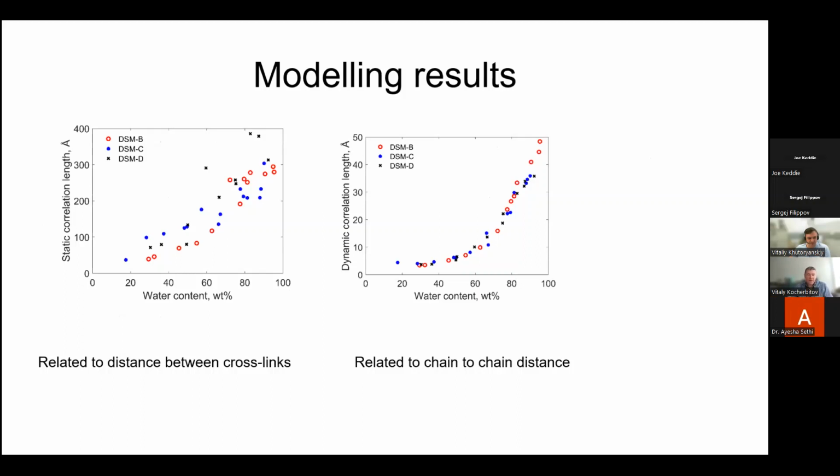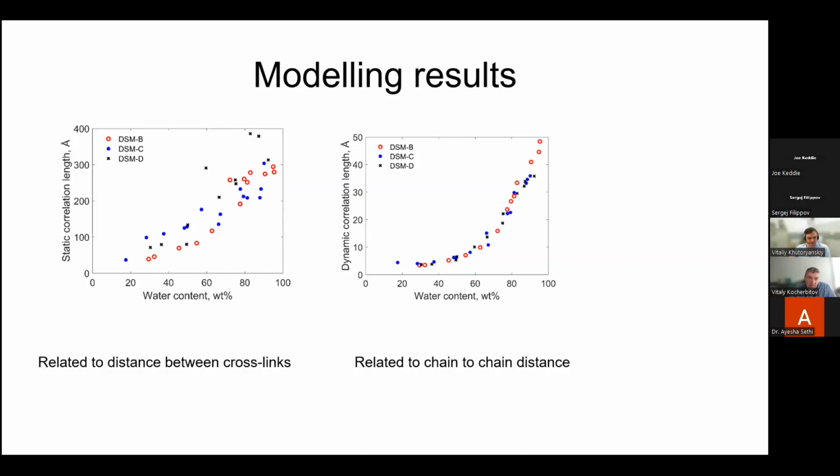We have two main parameters which have physical meaning: the so-called static correlation length and dynamic correlation length. And we interpret the static correlation length as related to the distance between crosslinks, and the dynamic correlation length as related to the distance between individual chains. So you can see that with increase of water content, both parameters grow, and they reach quite substantial values.